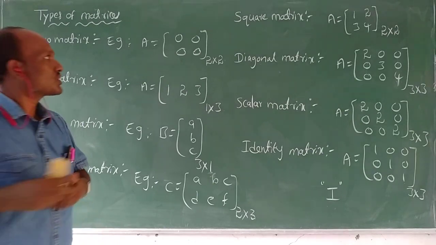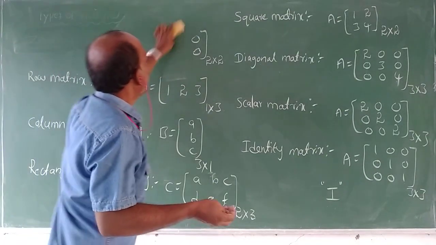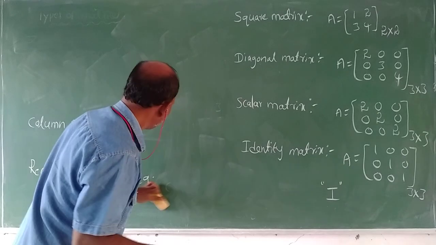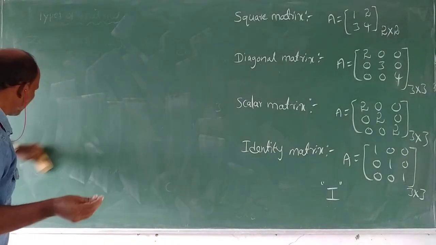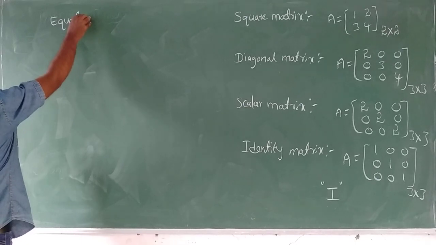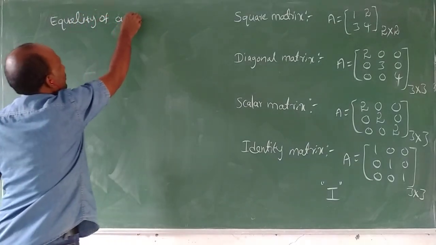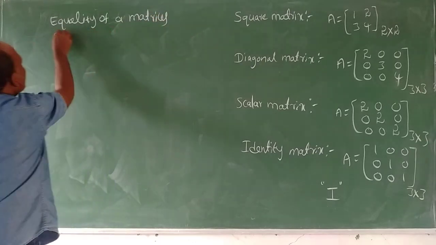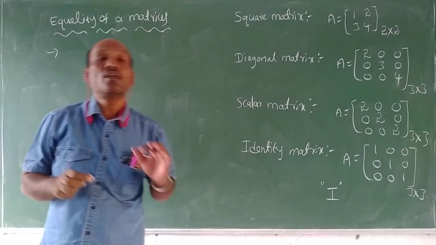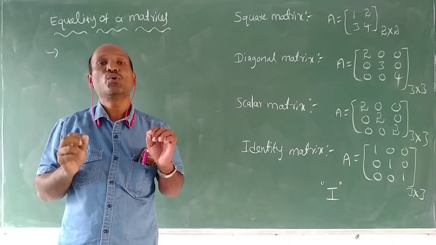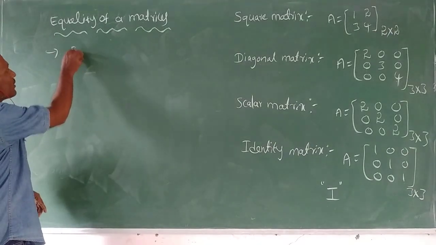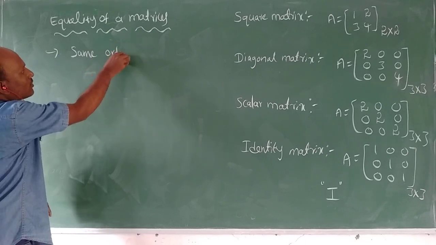Next, equality of matrices. First condition: capital A and capital B are two matrices, and A and B are of the same order.